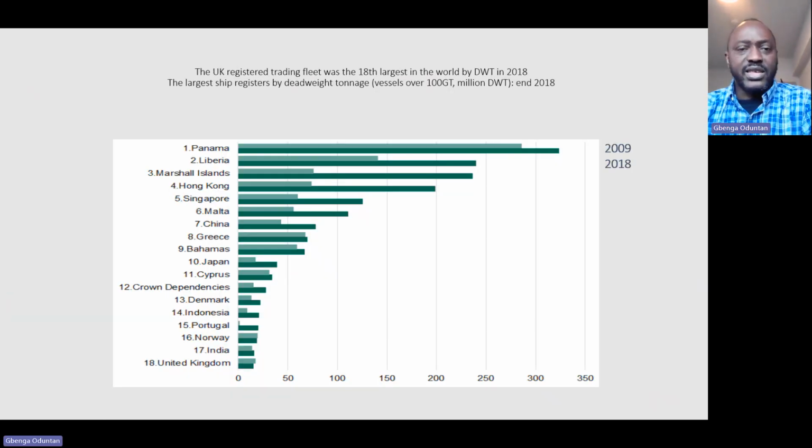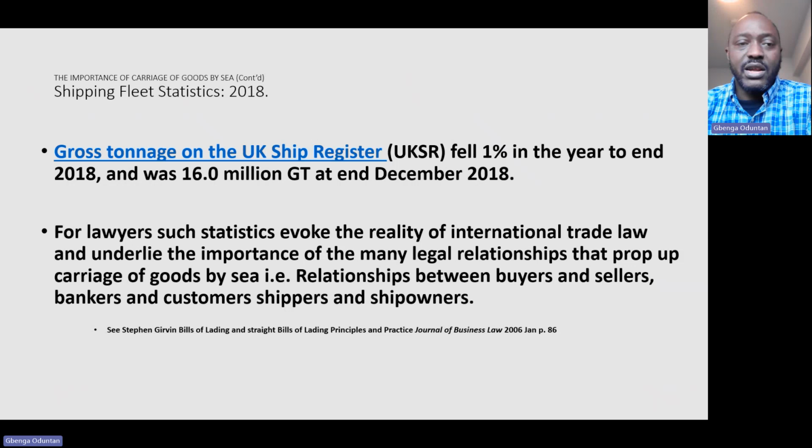So, as I said, the statistics is just impressive. Maritime transportation in terms of gross tonnage is mind-boggling, and the statistics is something that should be of interest to us as students of the law.